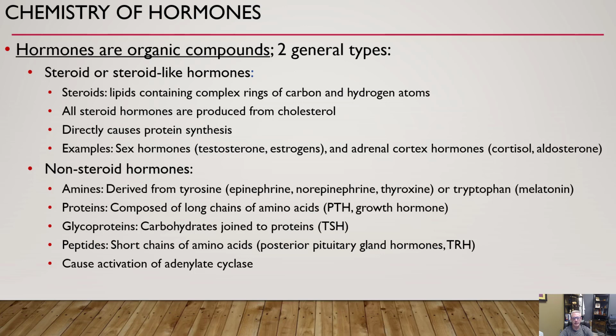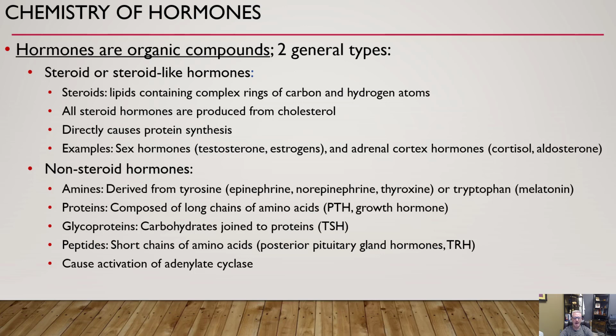They are lipid-like, and therefore they're not water soluble, they're water insoluble. Steroids are derived from cholesterol, and they're directly related to protein synthesis. We see these in your sex hormones, like testosterone and estrogens, and your adrenal cortex hormones, cortisol and aldosterone.